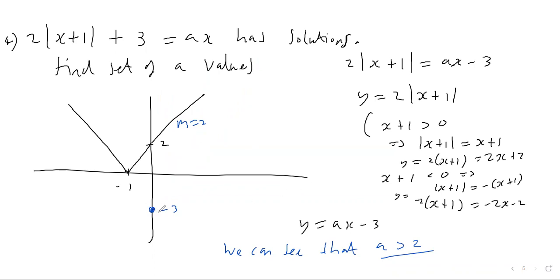How about the negative bit? Okay, so what if we've got a line like this? Well, we're not going to intersect, so we're going to get no solutions. So then the question becomes, what happens if we have a gradient such that we eventually have an intersection point there? Let me try and draw this a bit better. When's that solution going to be?